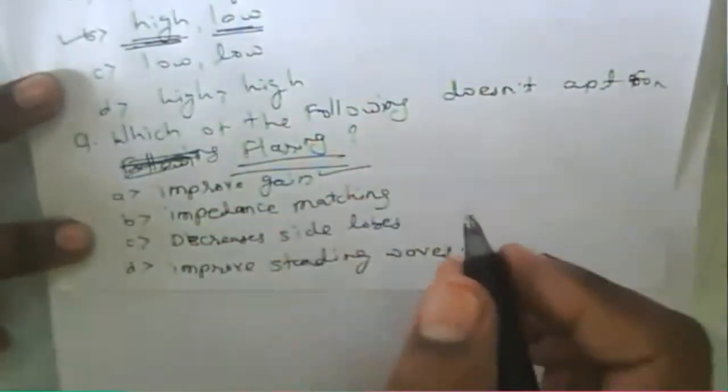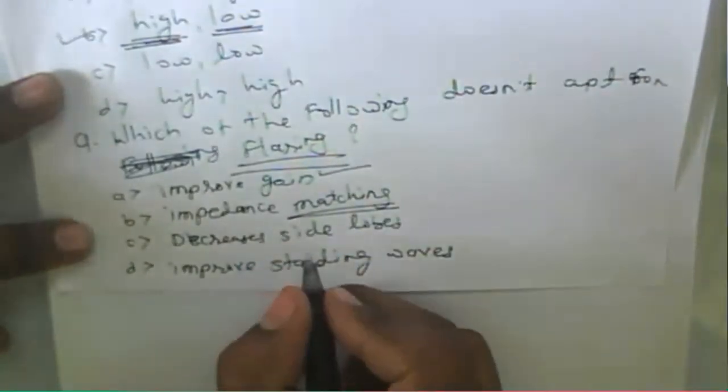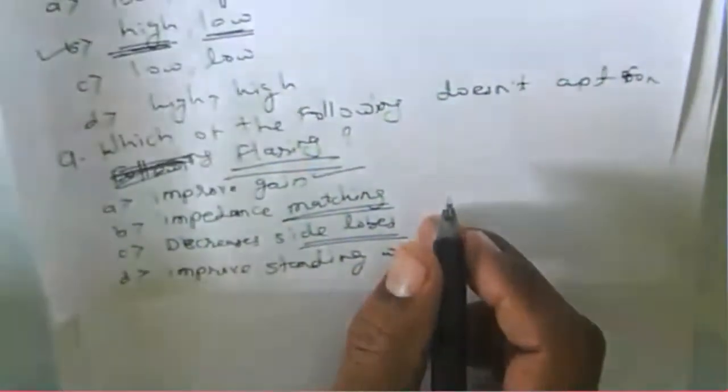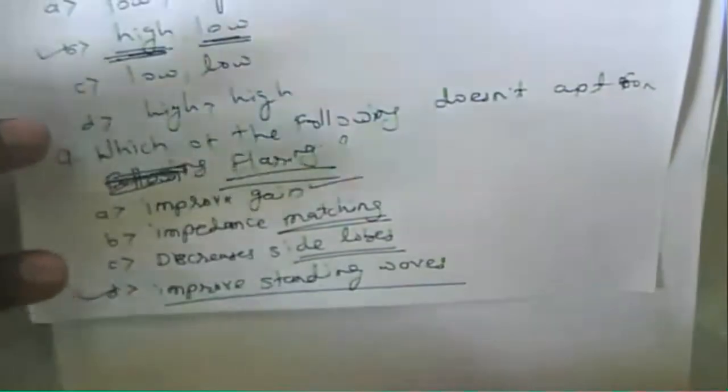Okay, no. If we change the flare angle, gain will improve, and impedance matching will be better. Side lobes will also be better. Side lobes are not there, so we can say that it improves the standing waves.